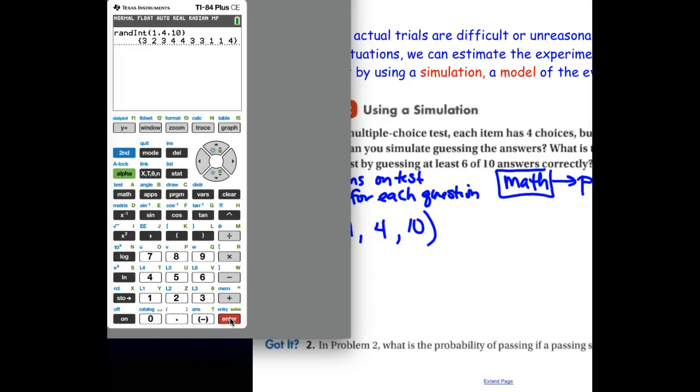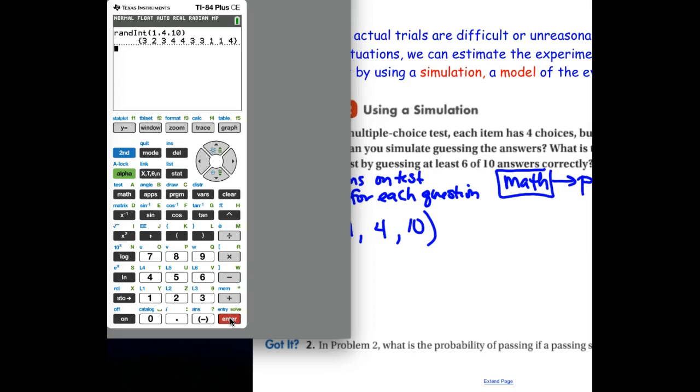That means there's more of them that you just aren't seeing. Before you hit any other key, use your right arrow, and you can scroll through that list. Okay? What this has done now is it has selected an answer choice for each of my 10 questions. So it's pretending it's taken the test one time.